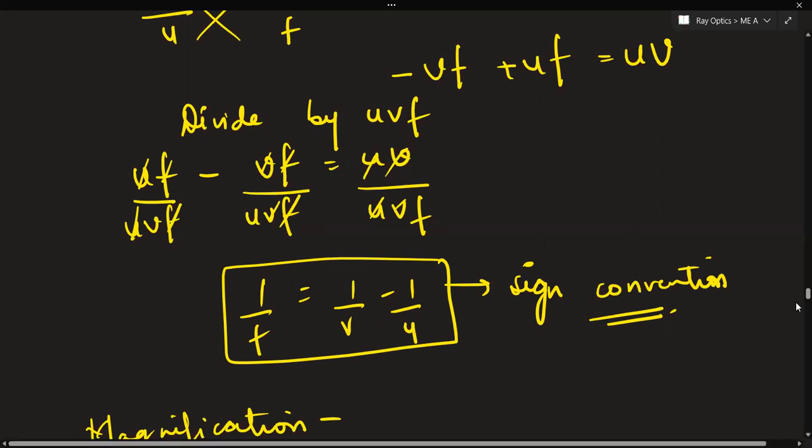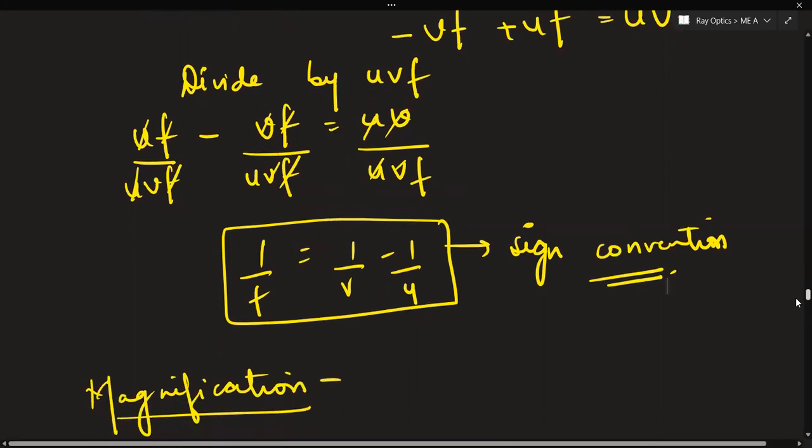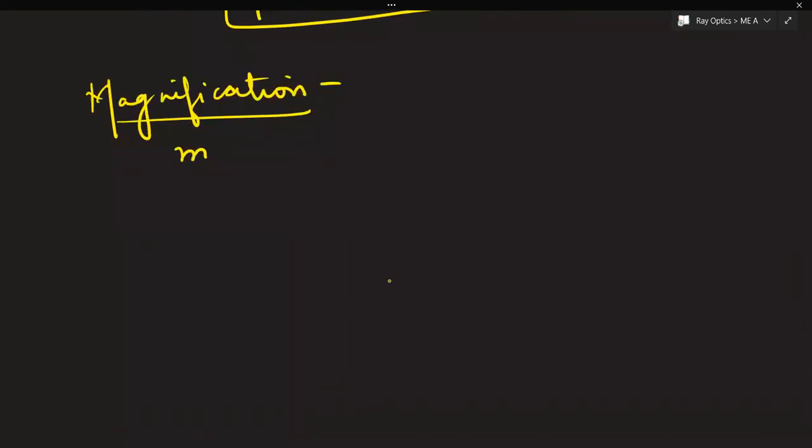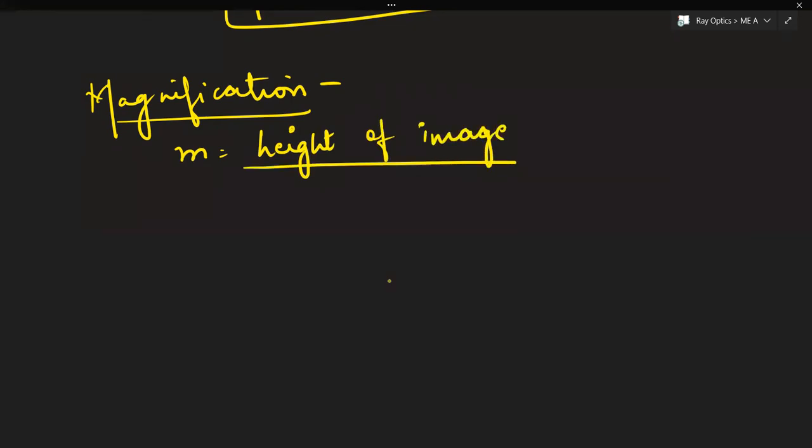Coming to magnification, magnification will be continuation of this only. See, from the triangle, we could write magnification as height of image by height of object.